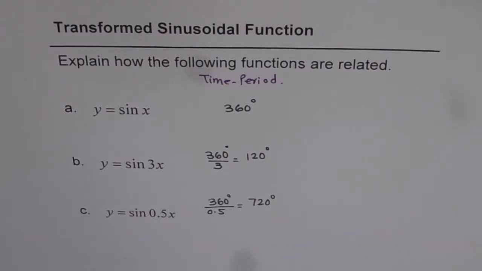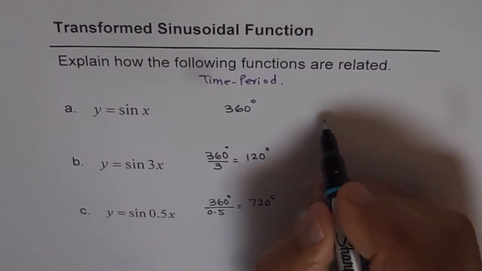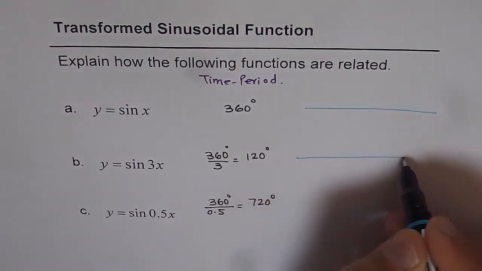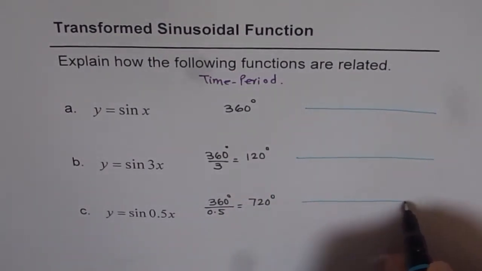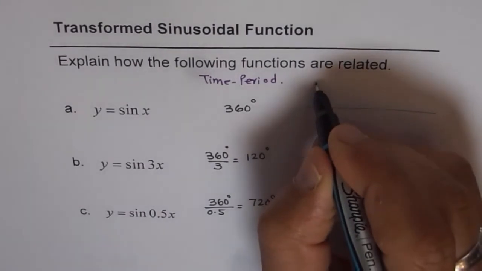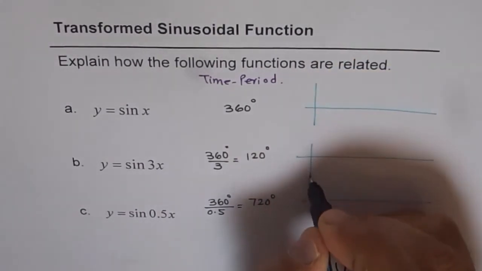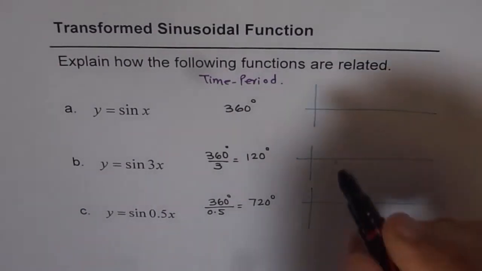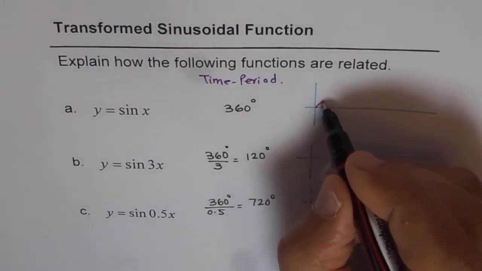Now let me show you with the help of a sketch how they look. So let's draw these lines. They are x-axis lines for us, and that is the y-axis for each. Okay. So the basic sine function will look kind of like this.